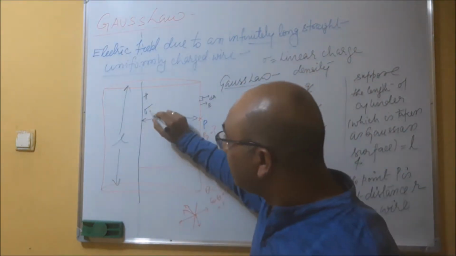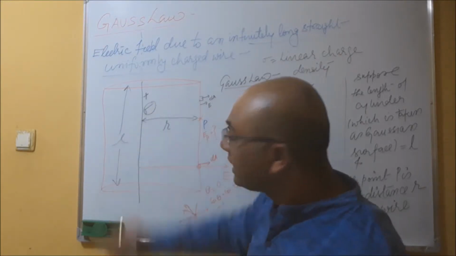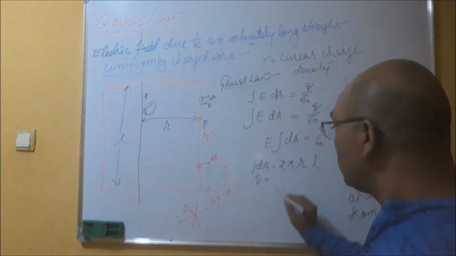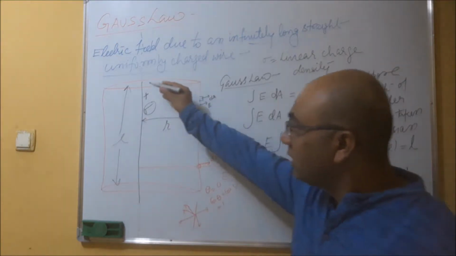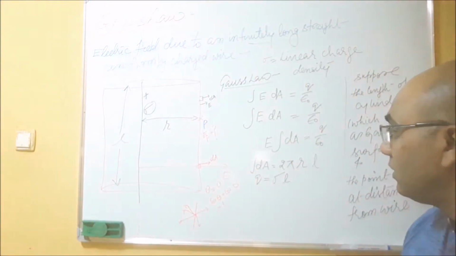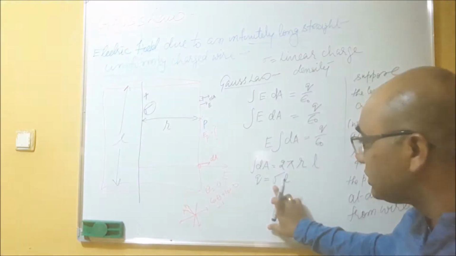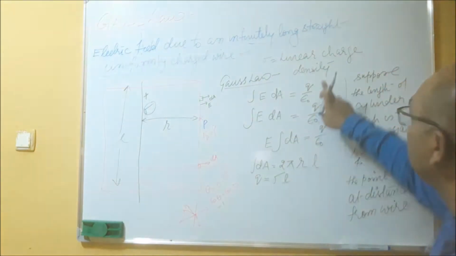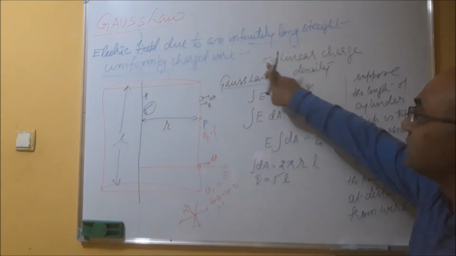So you see the charge per unit length is given by sigma. Total length is L. So total Q will be sigma L. This is the linear charge density sigma.